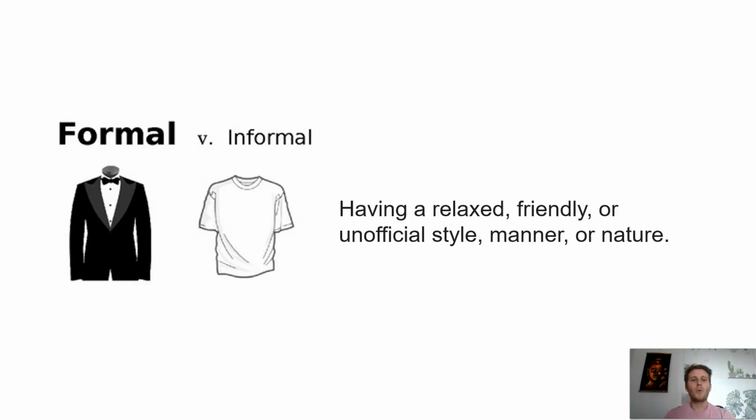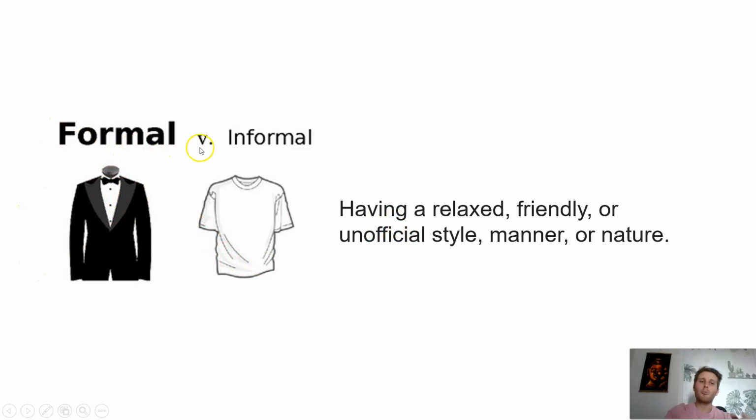The following word is already there for you. You can see the difference. Formal is like this man wearing a tuxedo when you go into a more prominent event, like an event that's more important. Maybe lots of people are going to be there, or you're going for an interview.